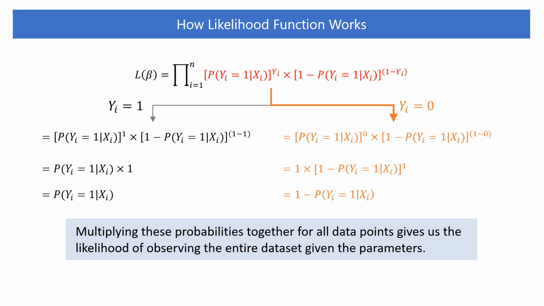If the actual class yi is 0, the first term of the likelihood function becomes 1, and the second term becomes 1 minus the probability of yi being 1 given xi. So it becomes 1 minus the probability of yi being 1 given xi. We multiply these probabilities together for all data points, and that gives us the likelihood of observing our entire dataset given the parameters of our model.